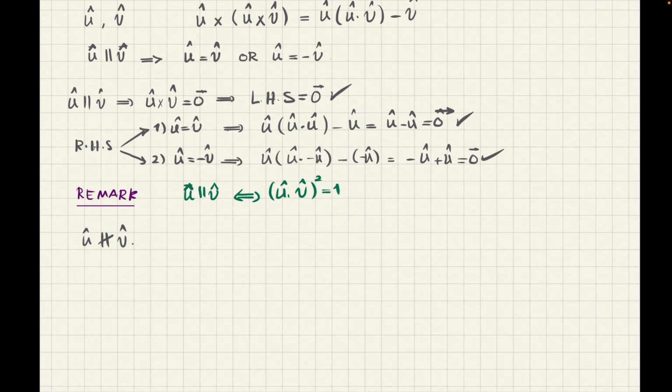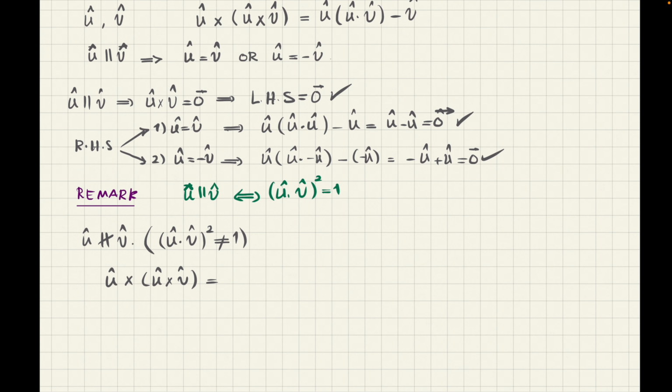Of course, according to the remark, it translates to u dot v squared not being equal to 1. Okay, in that case, we have the same idea that I described. This vector, in this situation where they are not parallel, lives in the same plane as u and v.